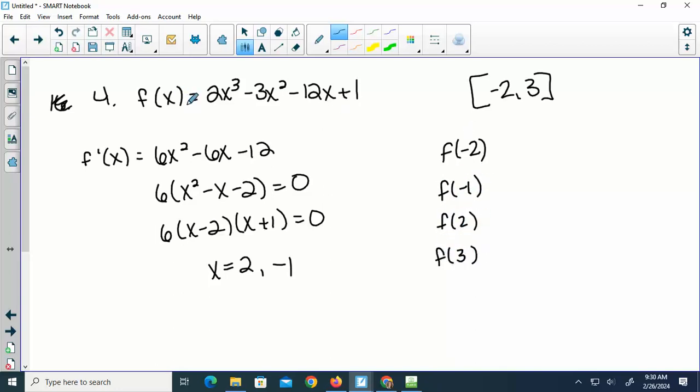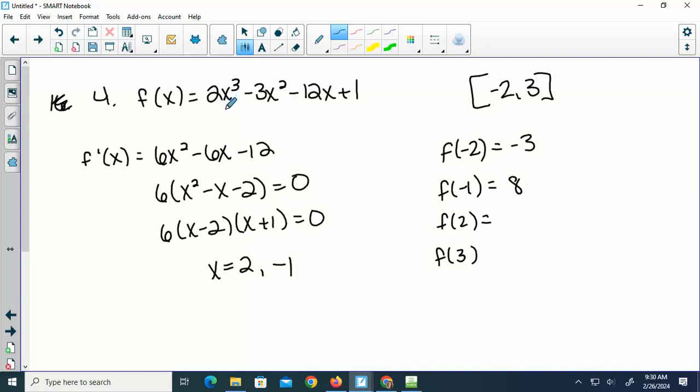And we are plugging these back into the original equation. So if we put in -2, we get -16 minus 12, so -30 plus 24, so -6 plus 1, -5. Okay, if we put in -1, so -2 minus 3 is -5 plus 12, 7 plus 1 is 8.